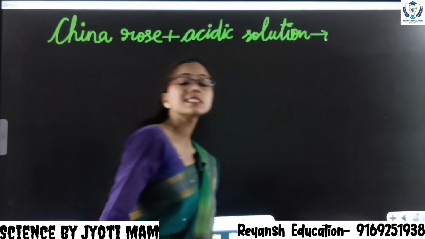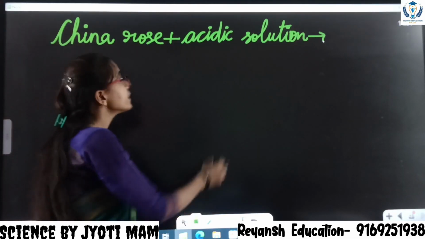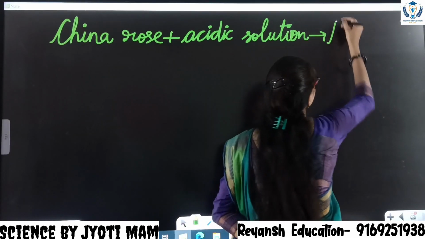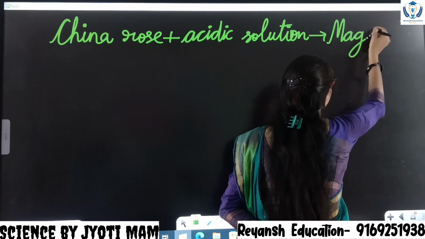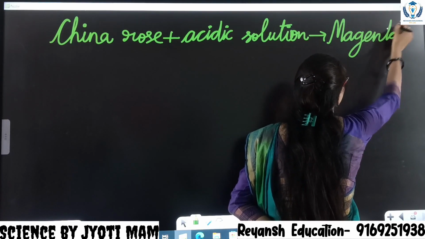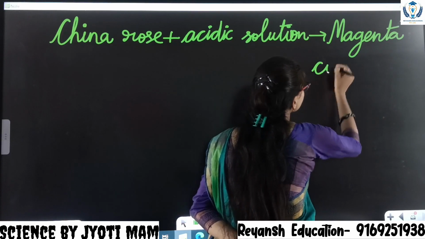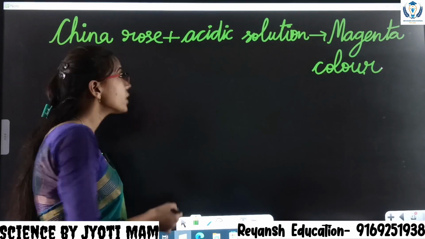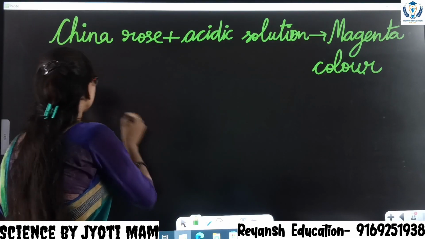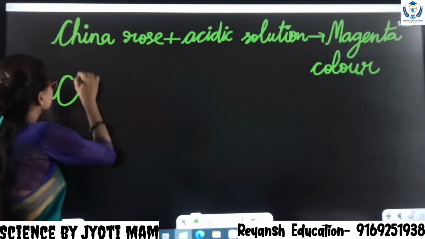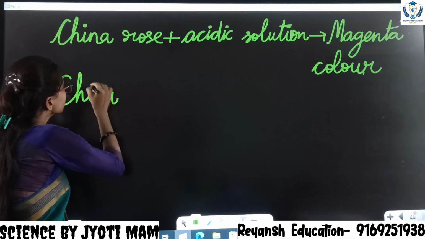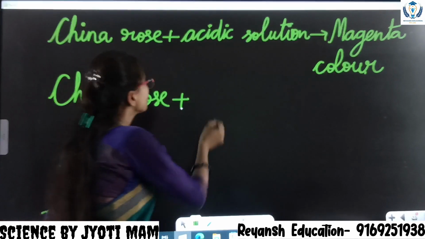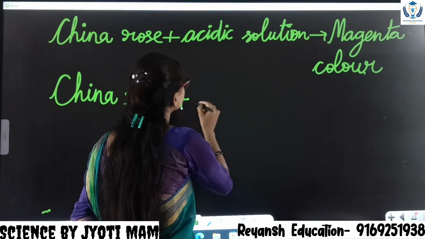When the given solution is acidic in nature, then the color of China rose indicator will turn into magenta color. Next, when the given solution is basic in nature, the color of China rose will turn into green color.